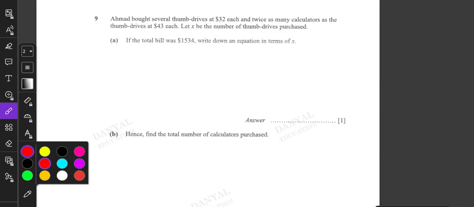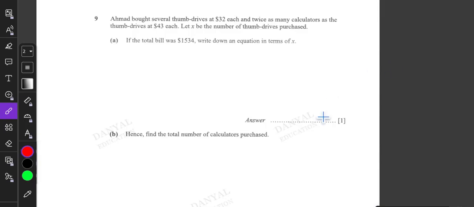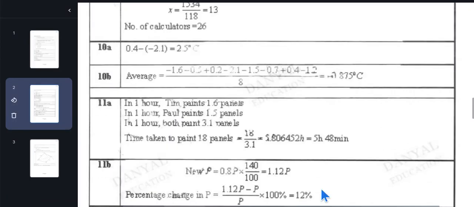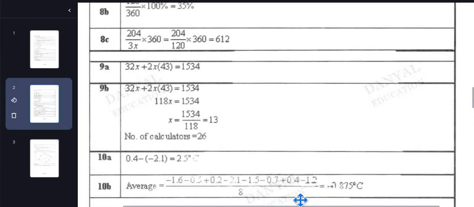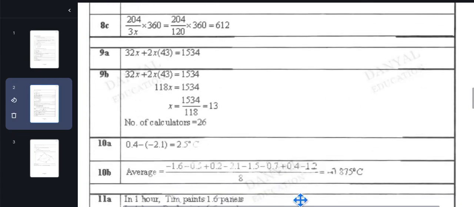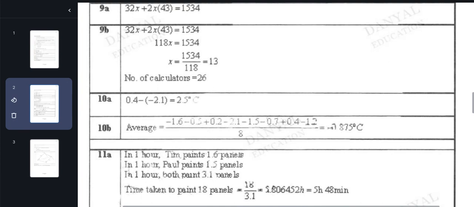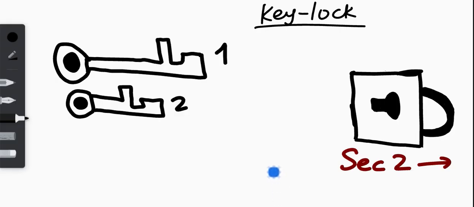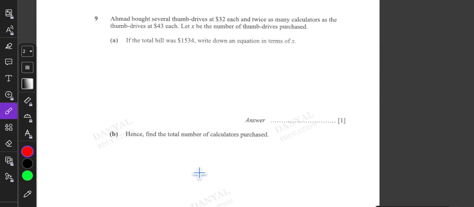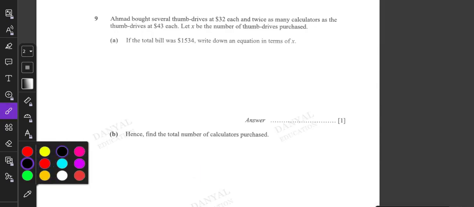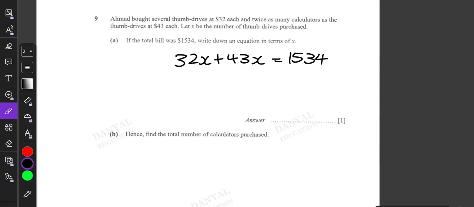If the total bill is 1534, write down an equation in terms of X. Okay, in terms of X, so it will be 32x.